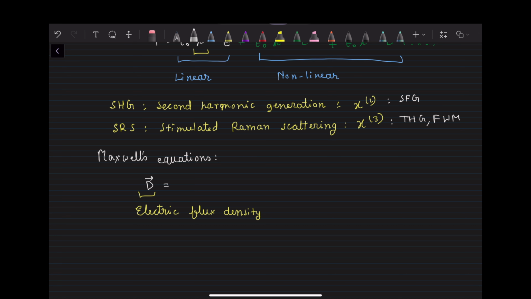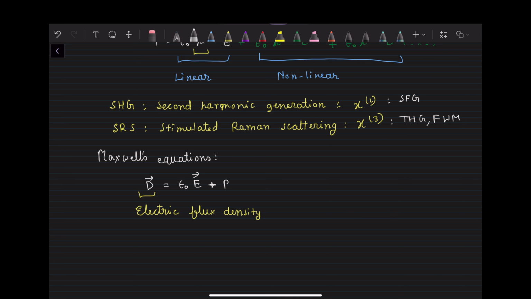You might already know that Maxwell's equations are written in terms of electric flux density, and of course you might have already seen the Maxwell's equations in terms of electric field only, but then these polarization effects are very important here.